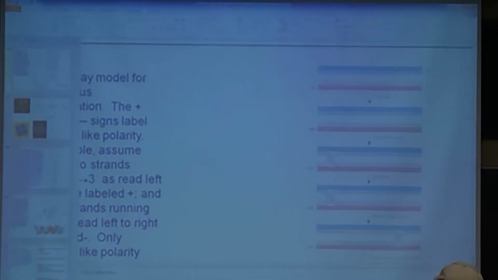This is called the Holliday model of recombination. Is it good? Can you see? Better? Yes.